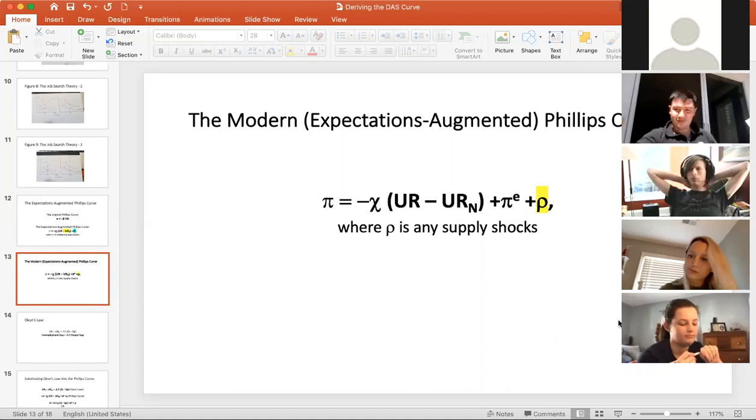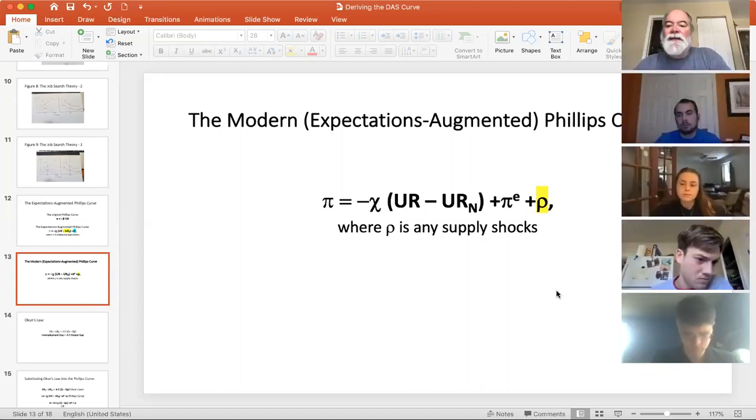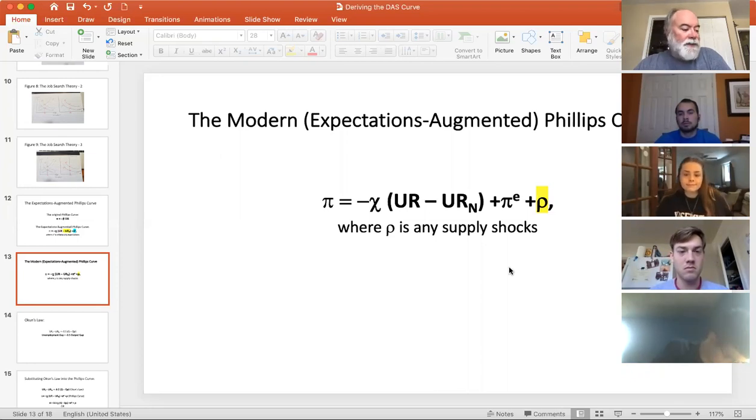Positive or negative? Positive. Yes. So the higher the GDP, the higher employment, and the lower the unemployment, right? So the relationship between output and unemployment is going to be negative.